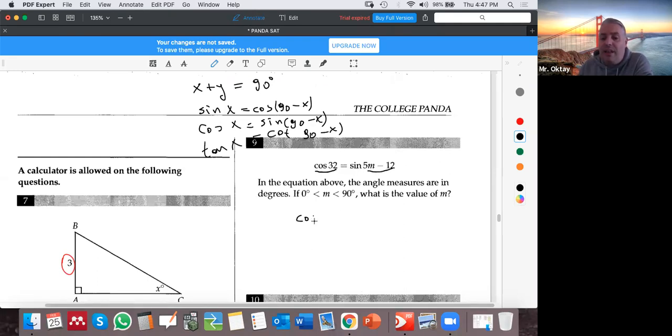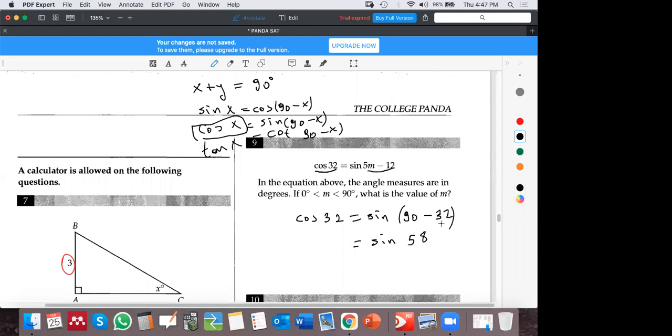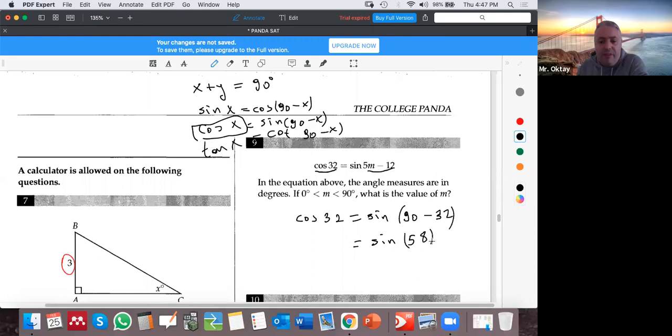So it's clear, cosine of 32, by using this rule, cosine of x is equal to sine of 90 minus x. So this is equal to sine of 58, 90 minus 32, 58. Now this is sine of 58, but in my question, this is sine of 5m minus 12.